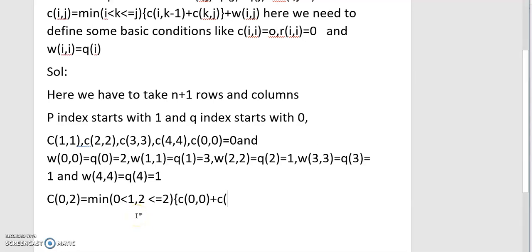K is 1, and j value is 2, right? Plus W of i comma j, that is 0 comma 2.